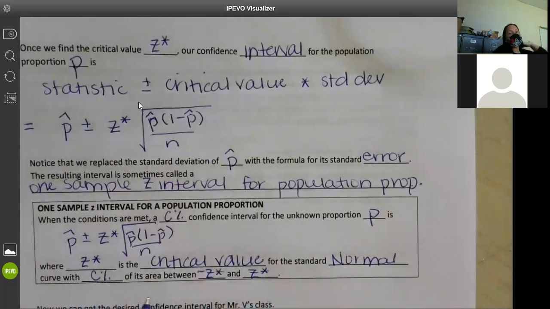So this bottom part is what we just did over there. The negative Z star and the Z star are the two vertical lines that we made. That was it.